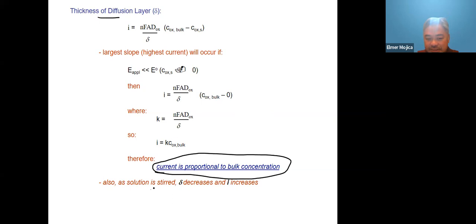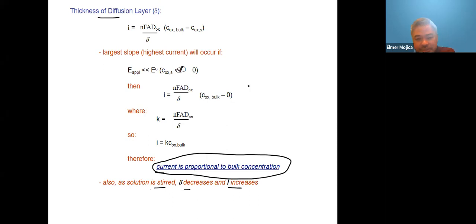So kapag in-stir daw yung solution, nagdi-decrease yung thickness ng diffusion layer. Okay? And in that case, magiging mataas na yung current. Kasi yung diffusion layer, the thicker it is, mas mahirap maka-interact yung bulk solution doon sa surface ng electrode.